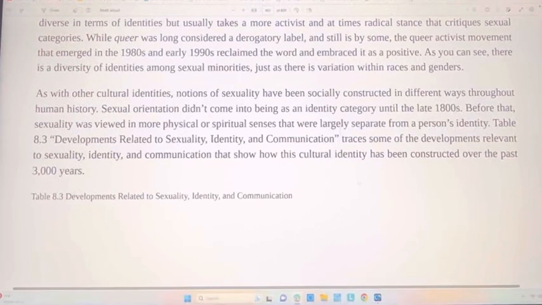Before that, sexuality was viewed in more physical or spiritual senses that were largely separate from a person's identity. Table 8.3, Developments Related to Sexuality, Identity, and Communication, traces some of the developments relevant to sexuality, identity, and communication that show how this cultural identity has been constructed over the past 3,000 years.